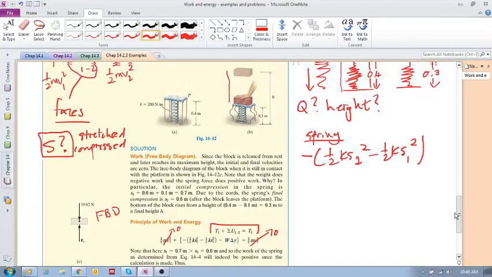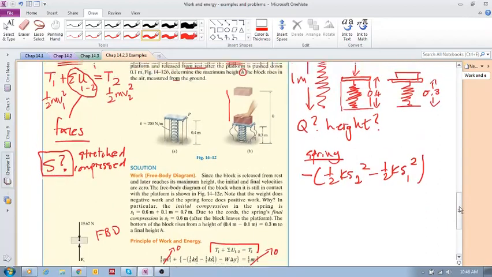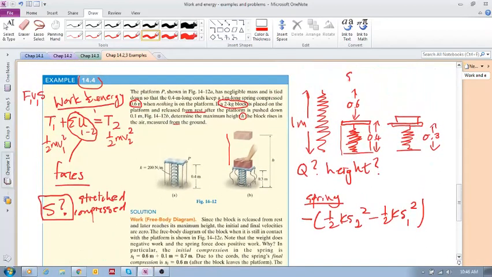So this, I'm sorry, S2. This is state 2, and that's state 1. The reason is that point 1 or state 1 is when it is compressed so that the height is 0.3. That means S1 is this 0.7.